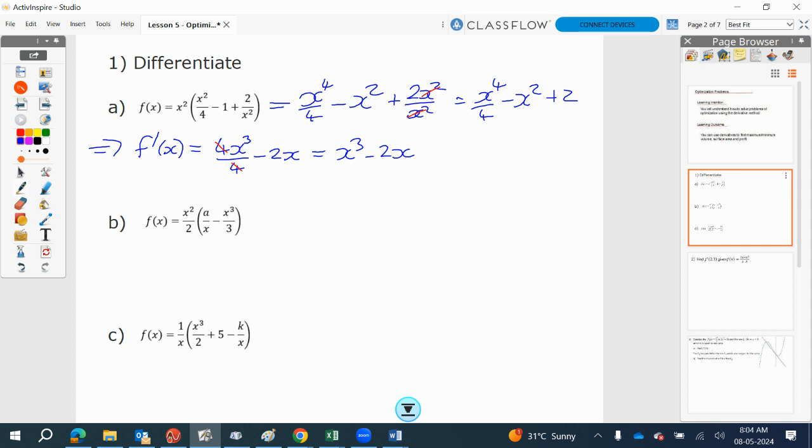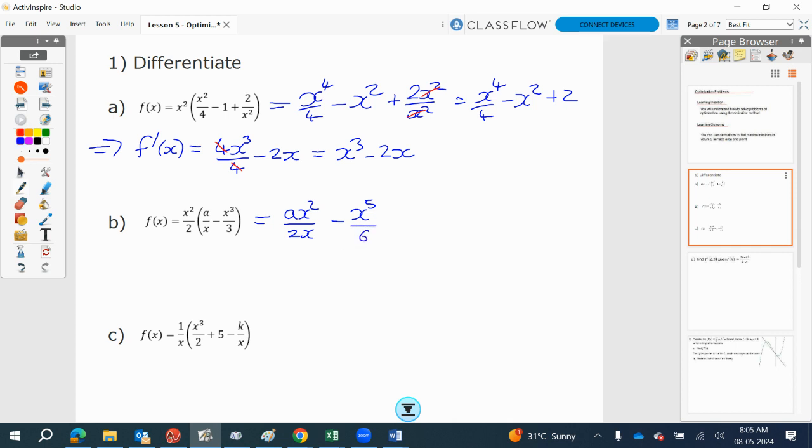So the same again. Here on the second one, the x squared is going to multiply into all of the numerators. The 2 is going to multiply into all of the denominators. So we get ax squared over 2x for the first term. The second term is going to be x to the 5 over 2 times 3, 6. We can do some simplification here.